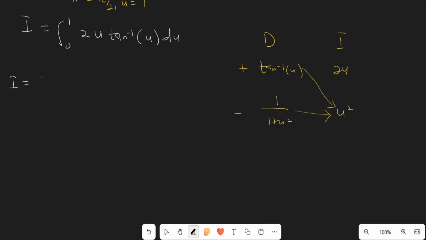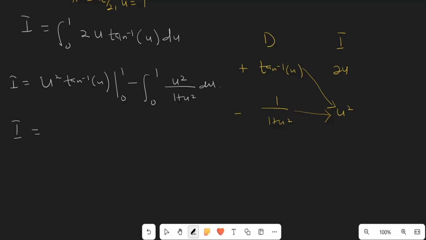So I is going to be, multiplying terms diagonally, u squared times the tan inverse of u, with limits from 0 to 1, minus the integral from 0 to 1, multiplying terms horizontally, of u squared over 1 plus u squared du.